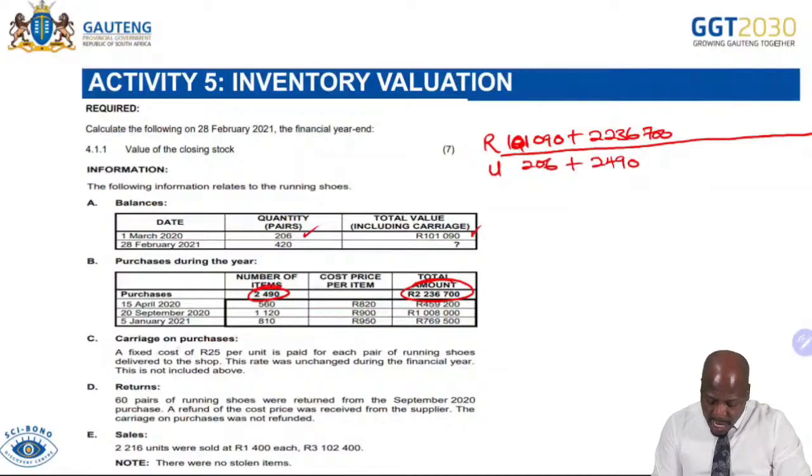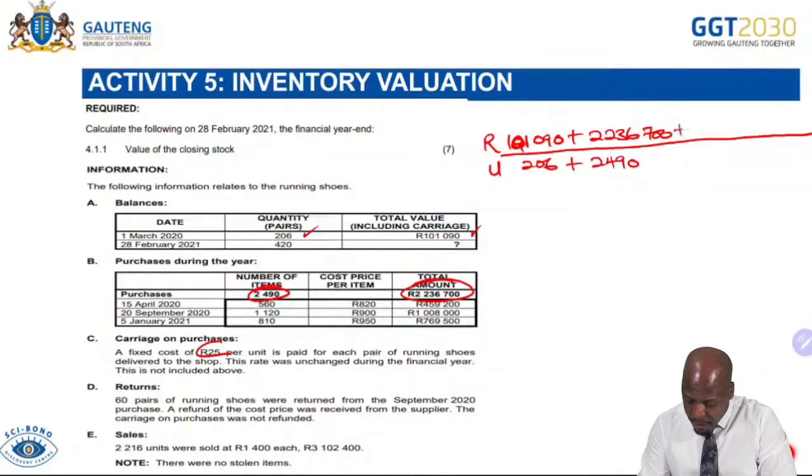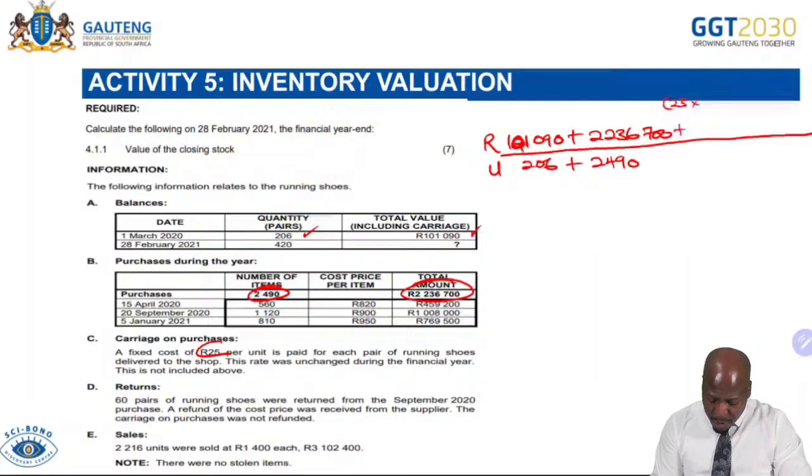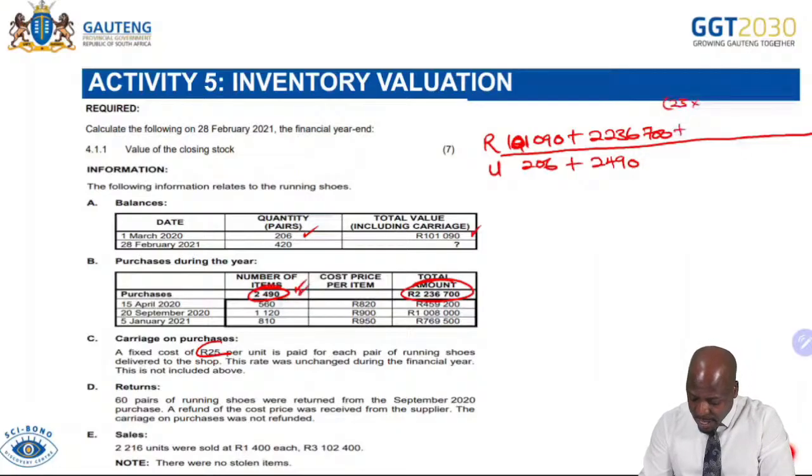Then I'm told carriage on purchases is 25 rands per unit. So I'm going to come here and say plus, then open my bracket. It's 25 rands per unit. And how many units did we purchase in total? 2,490. Multiply by 2,490. Okay, and then that's going to give you 62,250.